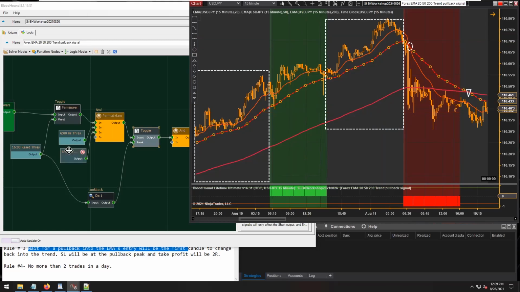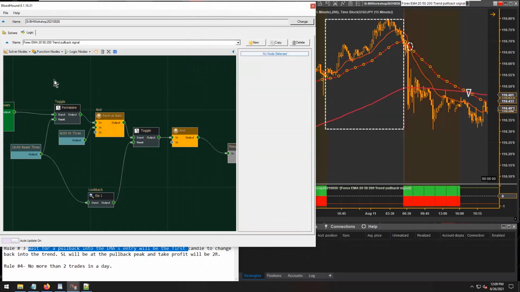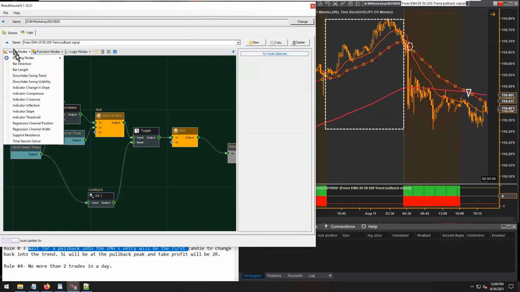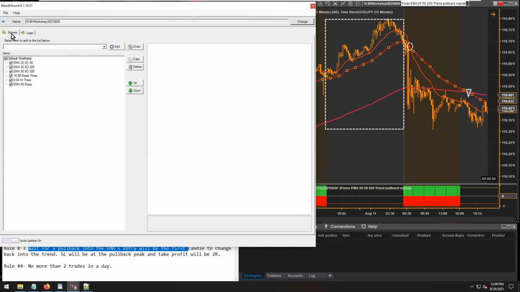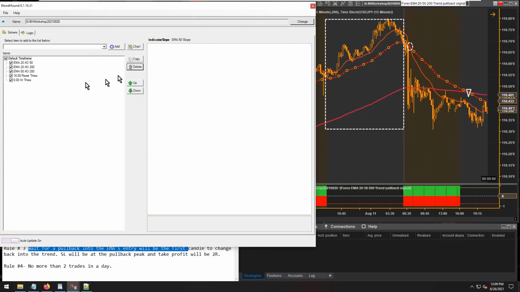So, all right, let's get rid of that slope solver. That's not working for us. I'm going to go back to the solvers tab and remove this from the system. You don't want extra nodes hanging around. It's just a good idea to not leave extra nodes lying around because it does suck up processor power.